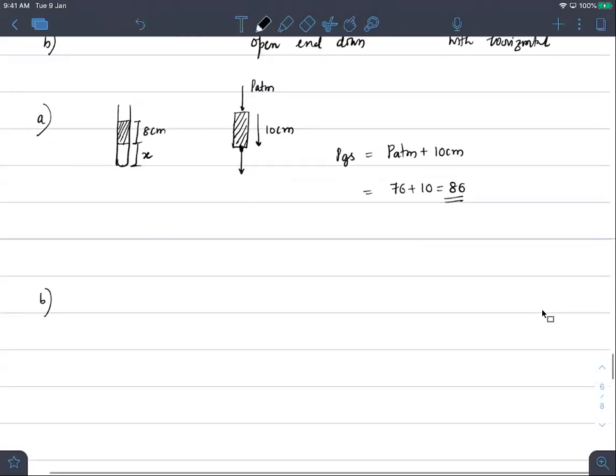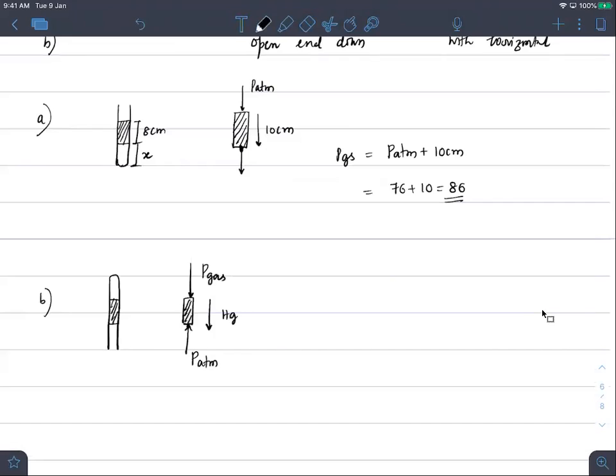B part, if it is vertically pointing down, on this point, what is the pressure acting? There is atmospheric pressure acting, but down there is mercury pressure, and from the top it is the gas pressure.